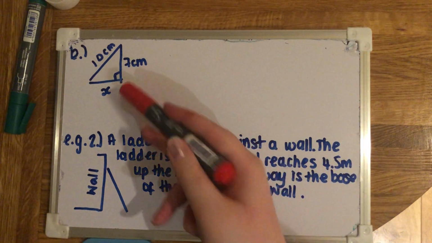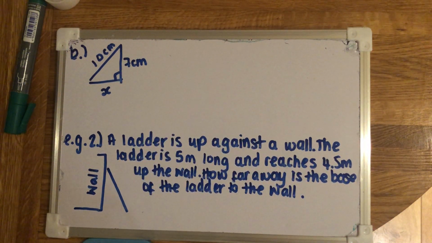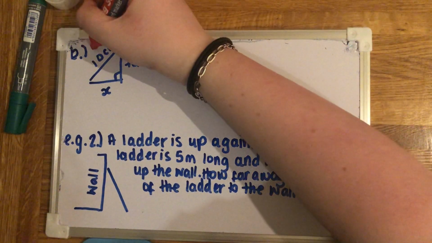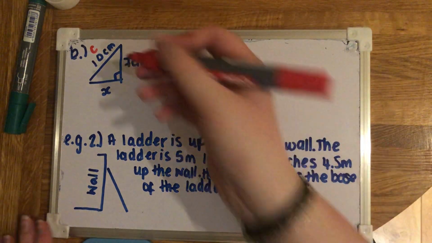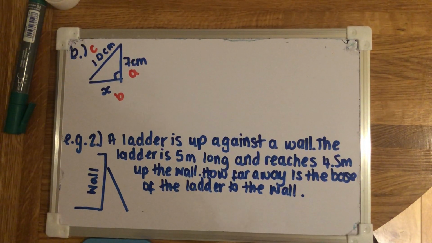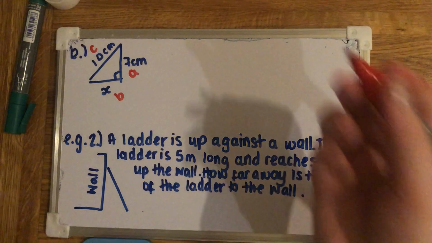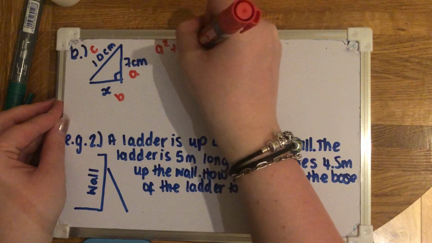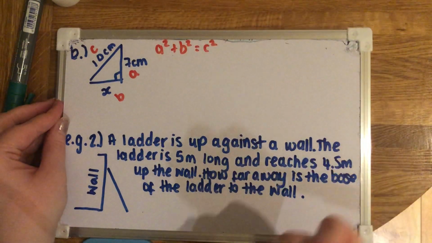Okay, so we've got this triangle here. Again, the first thing we need to do is always label it. So the side opposite the right angle would be C. A and B, again, it doesn't matter which way you've got it. Okay, write the formula. And then we sub those in.